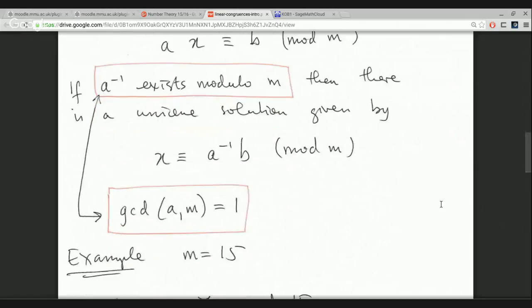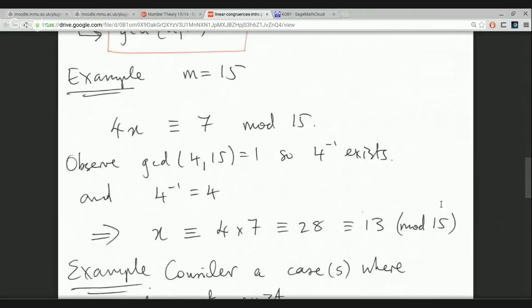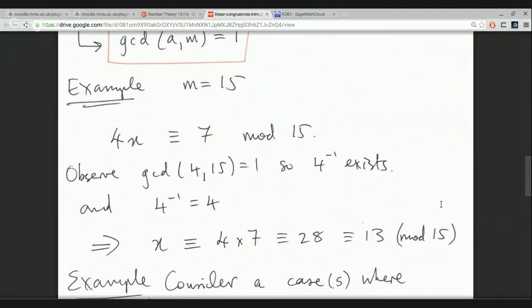I think we did a quick example of that: 4X being congruent to 7 modulo 15. 4 is indeed co-prime to 15, so it does have an inverse. It happens to be its own inverse, since 4 times 4 is 16. That's a coincidence; typically it will be another number modulo 15.